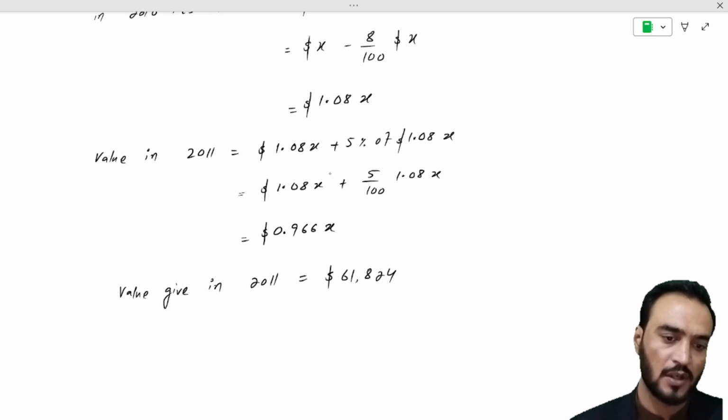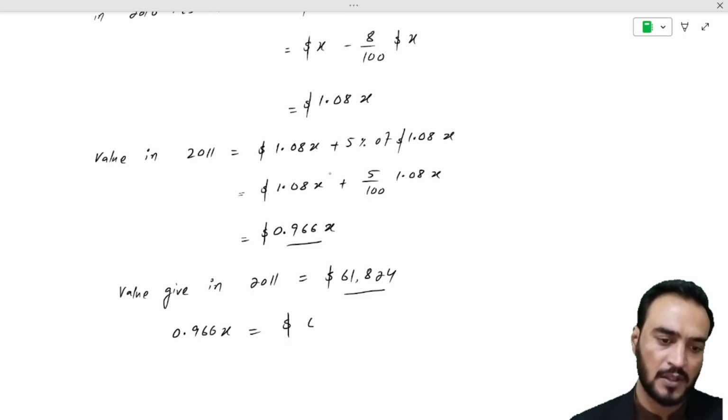This is the calculated value in 2011, and this is the given value in the question. So we'll put them equal. So 0.966X equals $61,824.